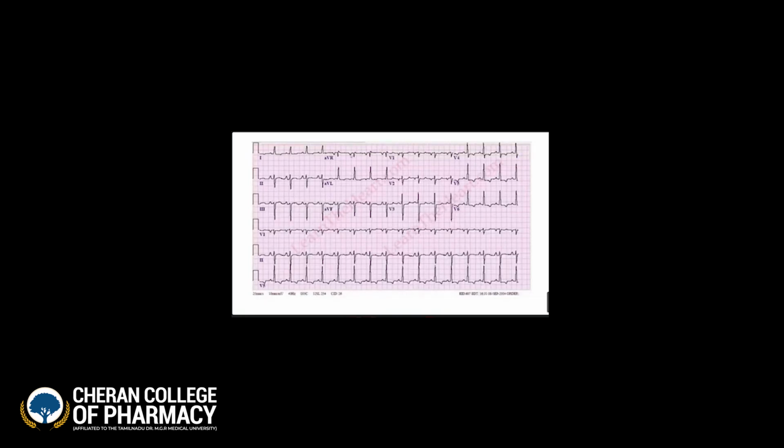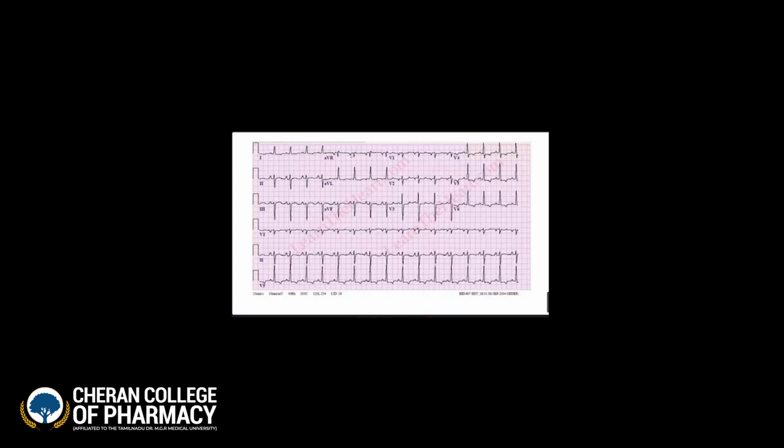It is simple. Write down this formula, which I haven't mentioned in these slides: number of R waves in 30 big squares multiplied by 10.